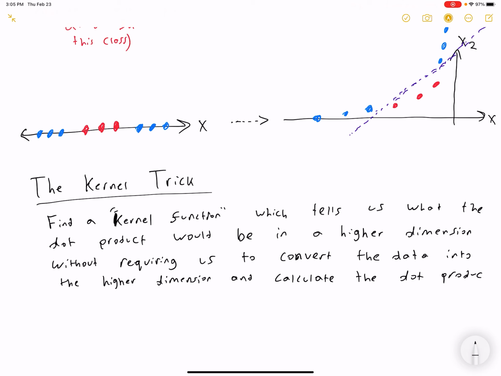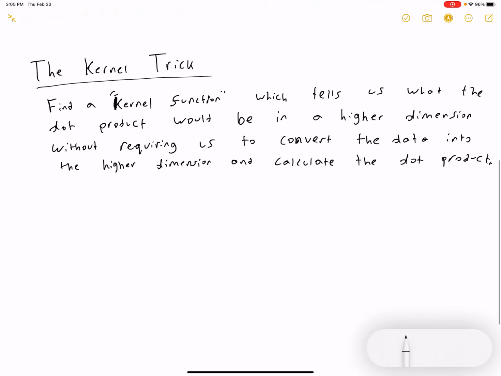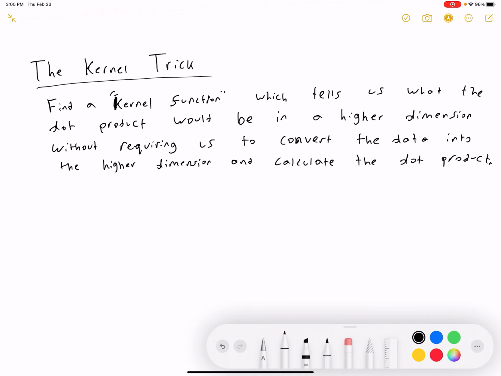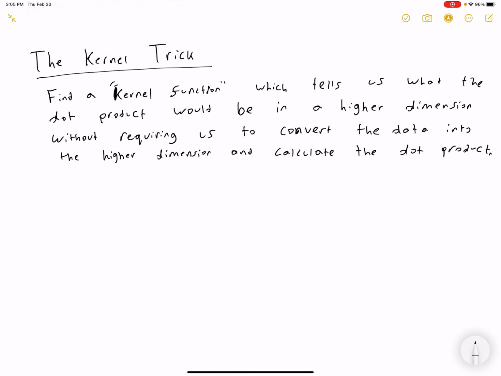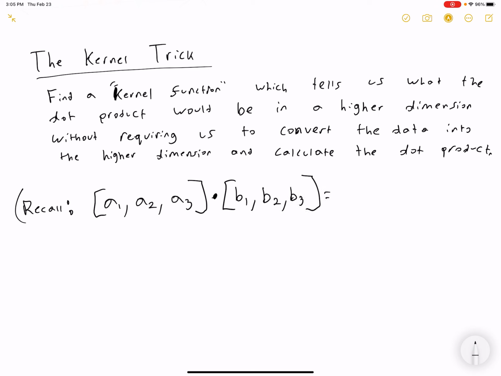And if we recall from the quick linear algebra review of last class, a dot product is always a scalar. So for example, the dot product of the vector a1, a2, a3 with the vector b1, b2, b3 is equal to a1 times b1 plus a2 times b2 plus a3 times b3.